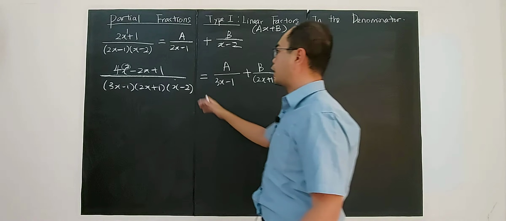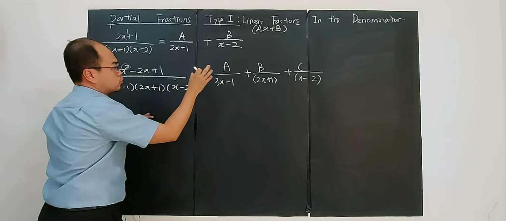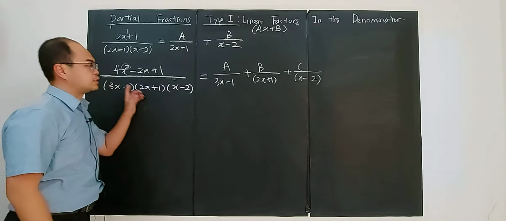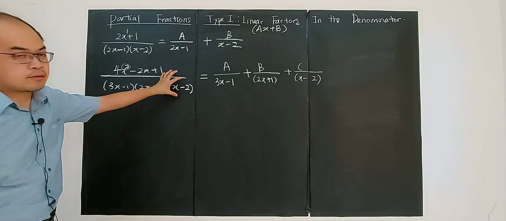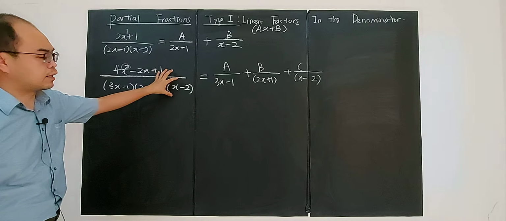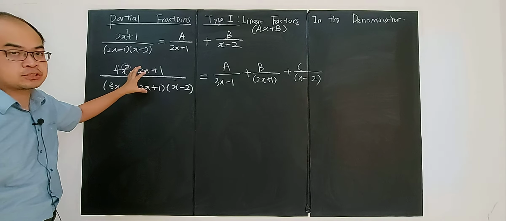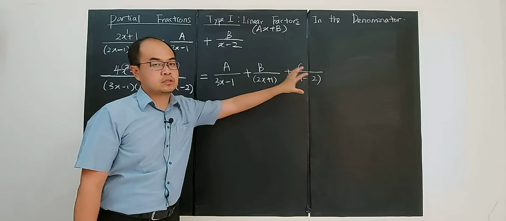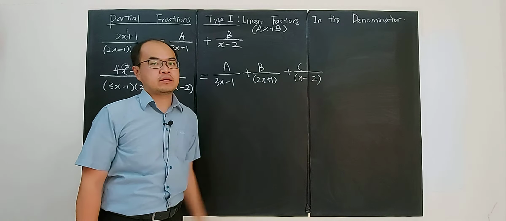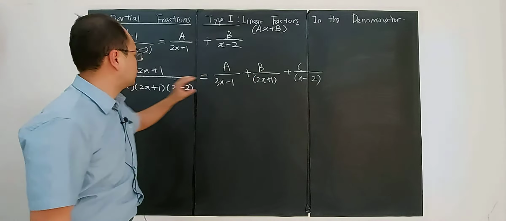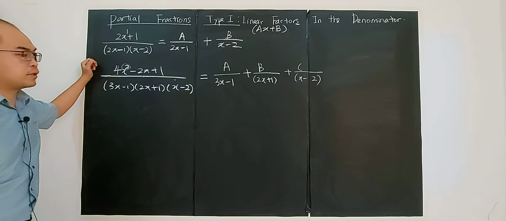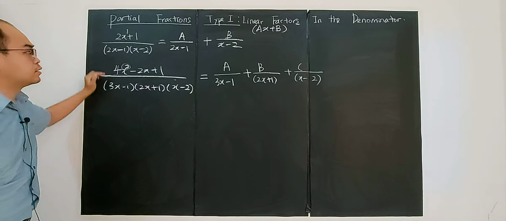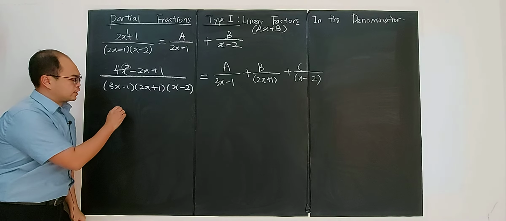So you can decompose this fraction into 3 fractions. This is called writing the rational function into partial fractions. This is the partial fraction for this rational polynomial function here. So I can give you an example.